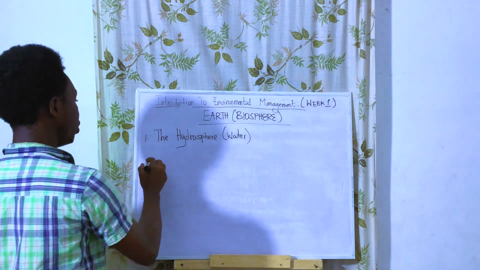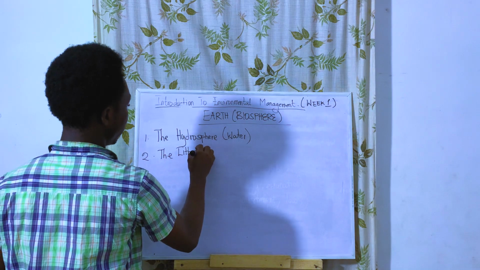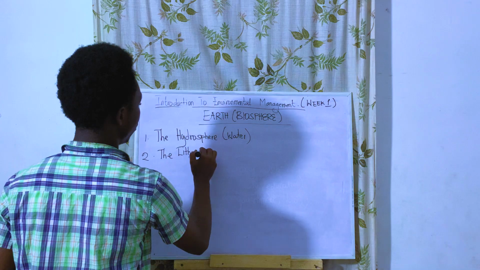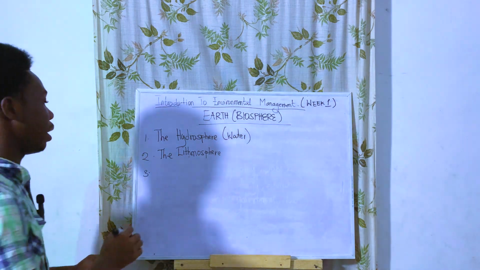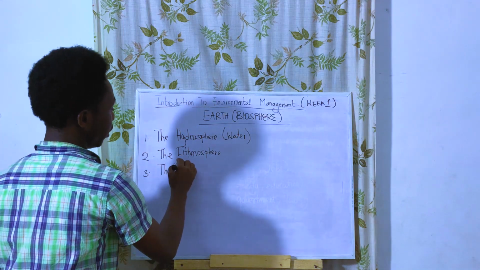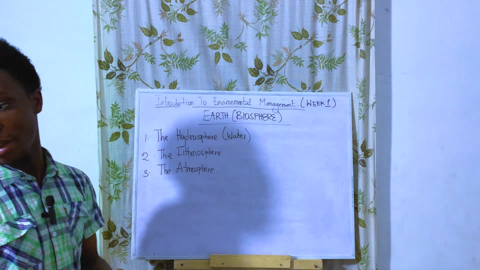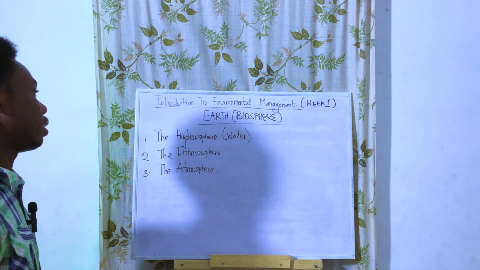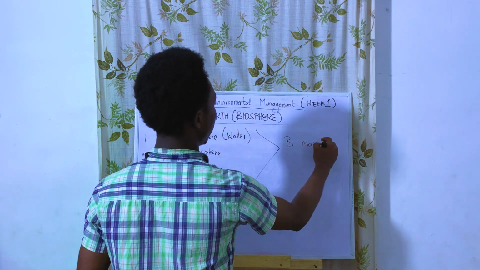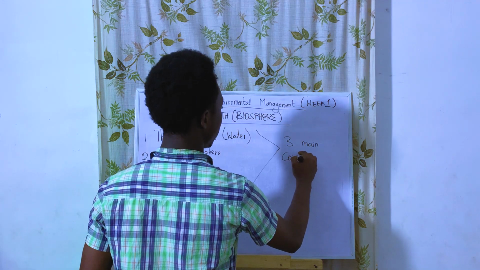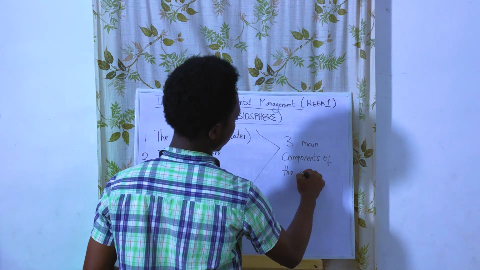We also have the lithosphere. Don't worry, I'll explain it. And three, we have the atmosphere. So these are the three main components of the Earth.